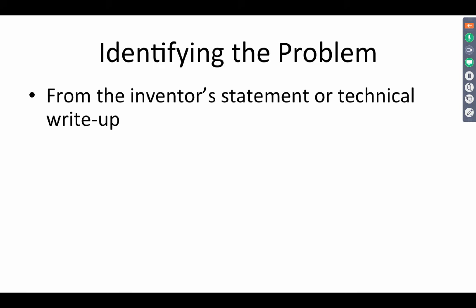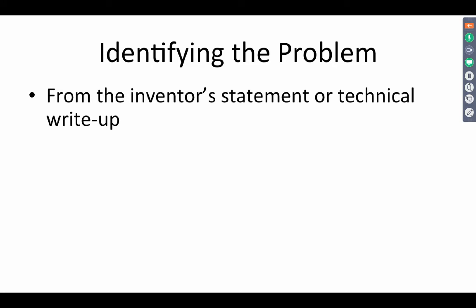Now in identifying the problem, there could be an instance where the inventor walks into your room with a physical embodiment, and you could have interviews and discussions with the inventor. But most likely, the inventor is going to come up with a statement. You can call it the invention disclosure form or technical write-up, whatever you call it.